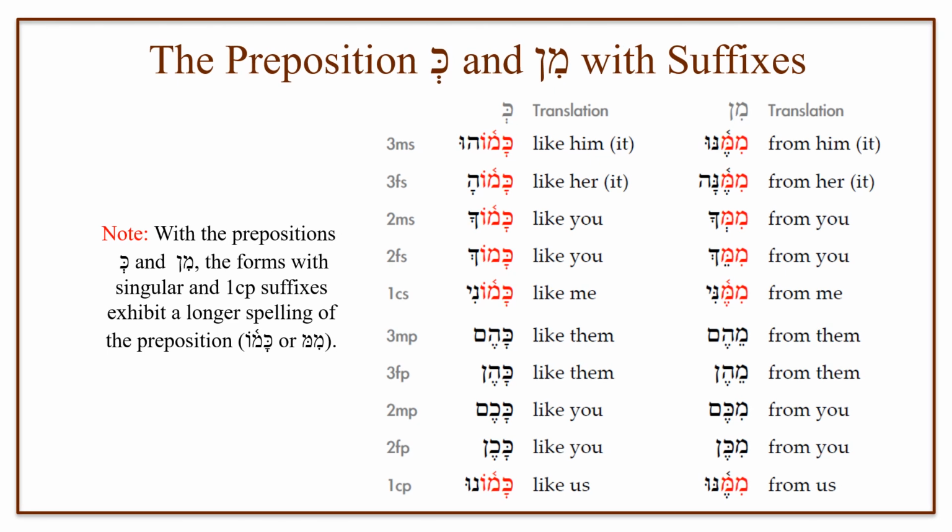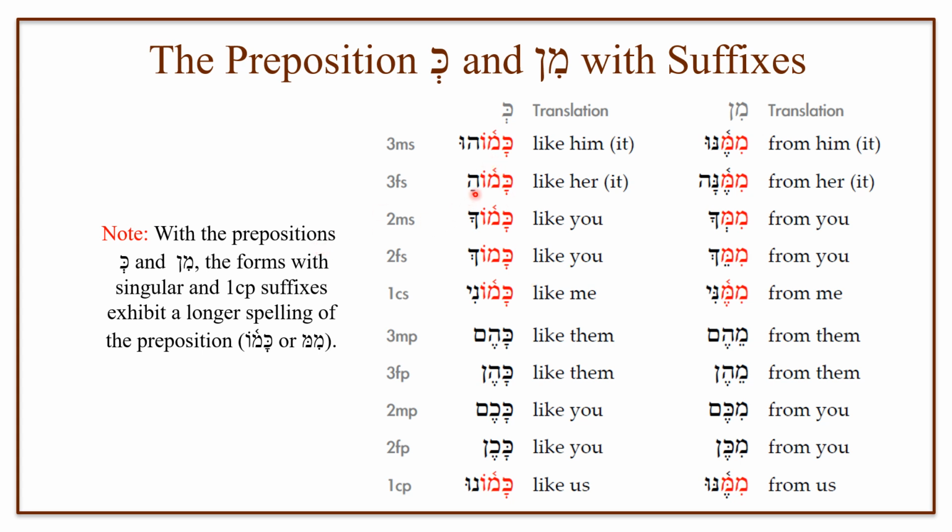All right, now there are some complications that happen with the preposition ka and the preposition min. In some cases it's not complicated. Down here in the plural, all but this first common plural are just like what you would expect on both prepositions. But up here, you see in the red that there's an extra syllable added, the mo.